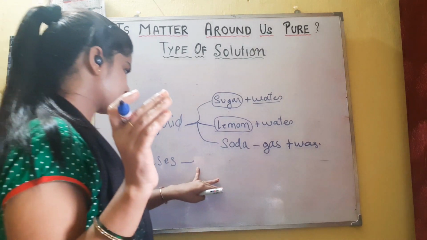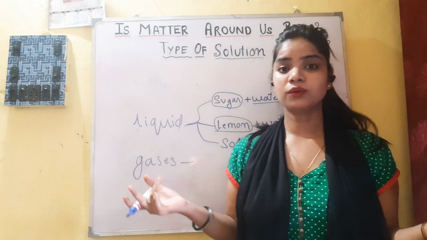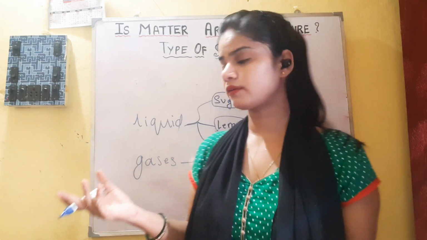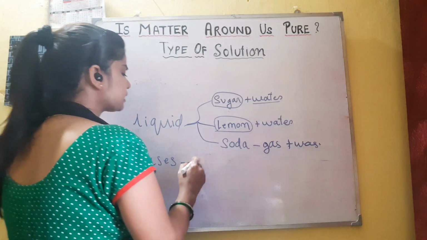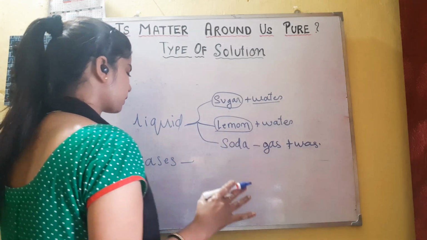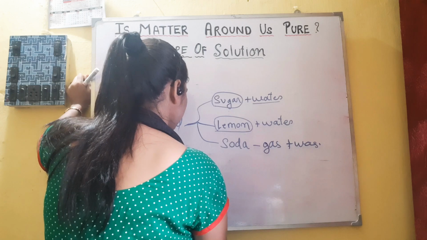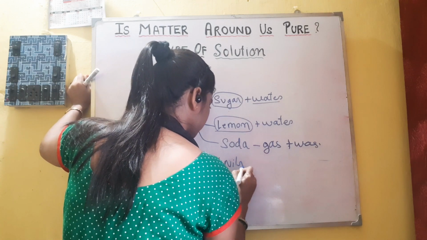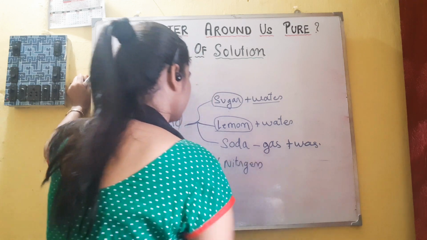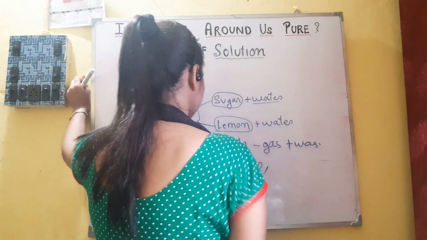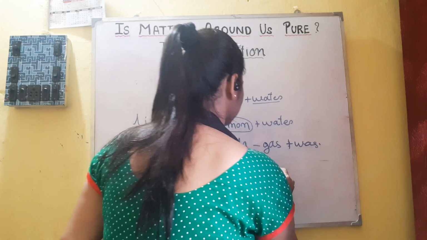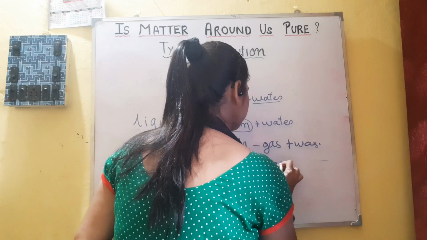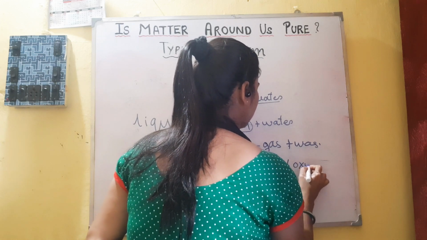In case of gases, we know that in our environment there is a mixture of gases present. Basically there is 78% nitrogen and 21% oxygen.